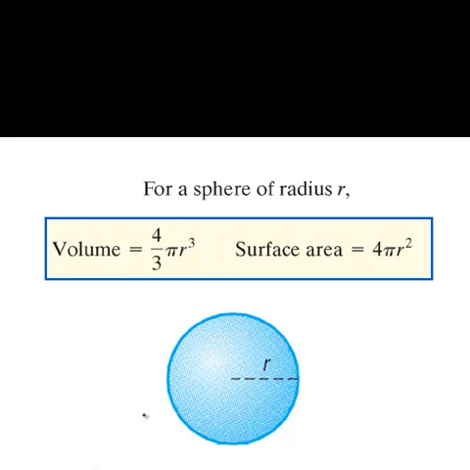Now, the sphere, my favorite 3-dimensional object, has a volume of 4/3 times pi times r cubed, where r is the radius. Surface area, 4 times pi times radius squared. I will be able to prove these two once we get into Calculus 1 and then Calculus 2.